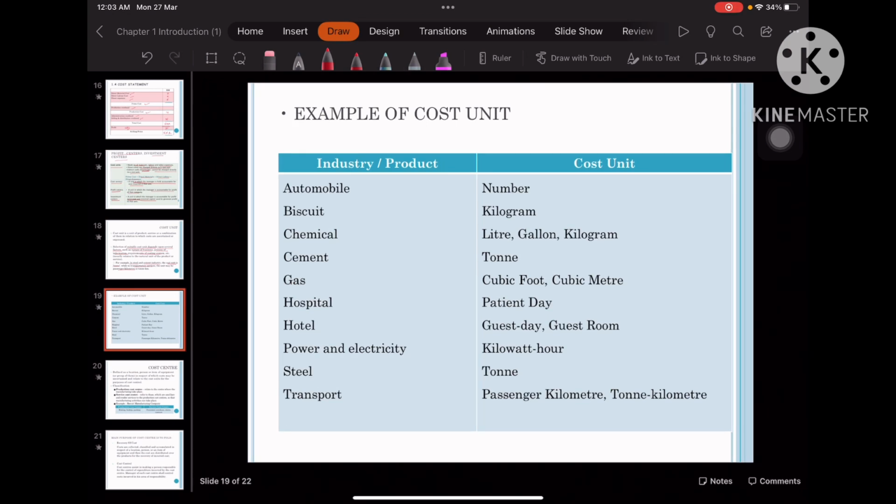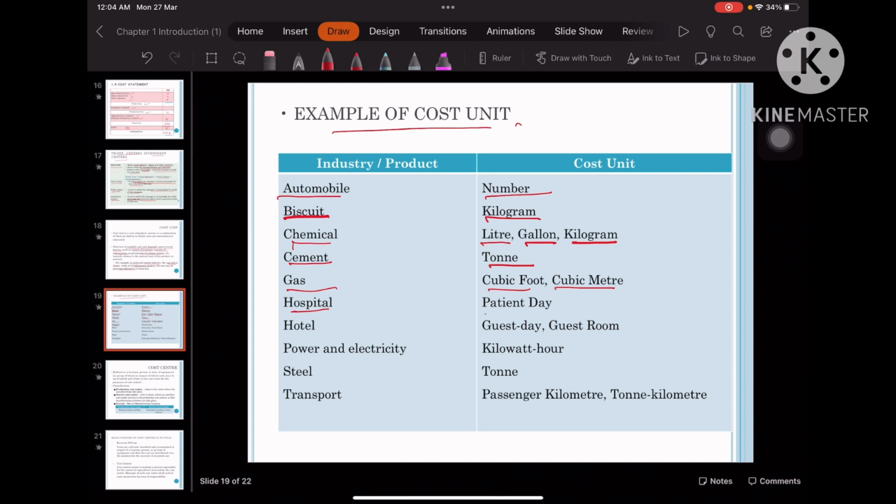Here I'll give you certain examples of the cost unit. For automobiles, it depends on the number: if we produce more, it is going to be more. Biscuits are measured in kilograms. For chemicals, it depends: liter, gallon, or kilogram. For cement, it is the ton. Gas is cubic meter or cubic foot.